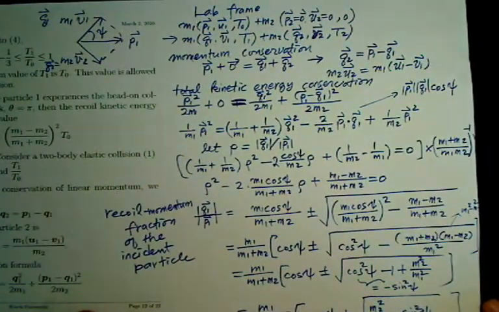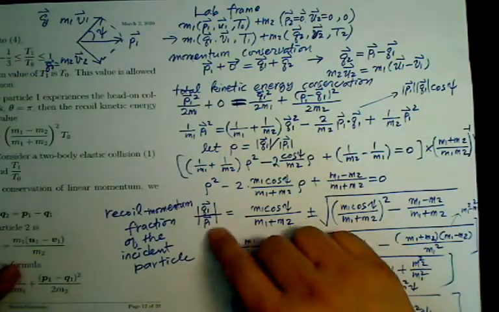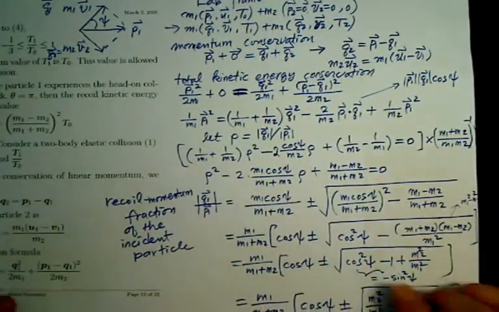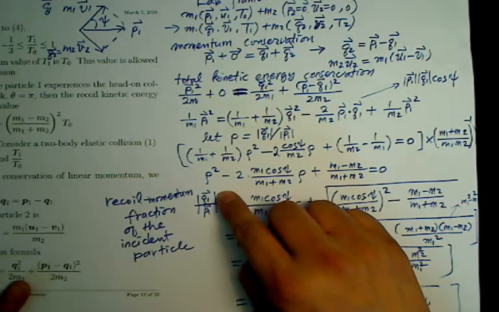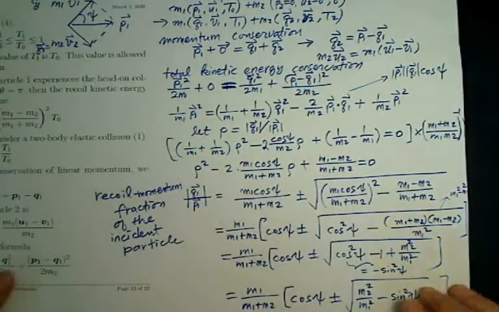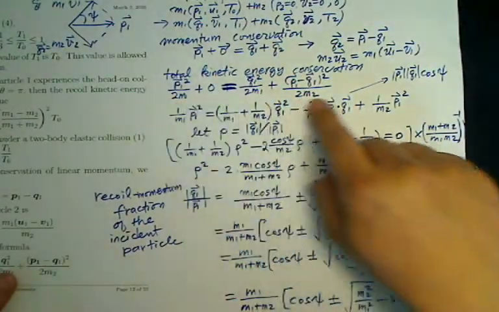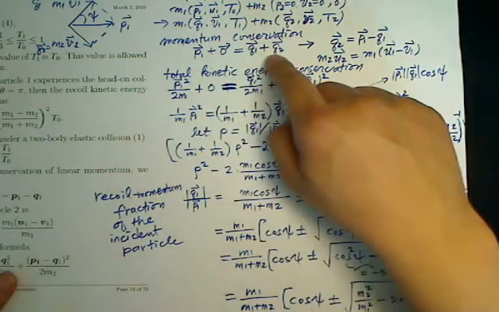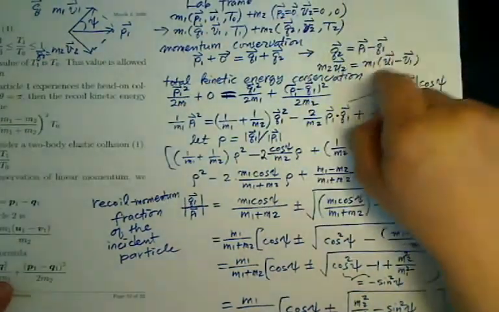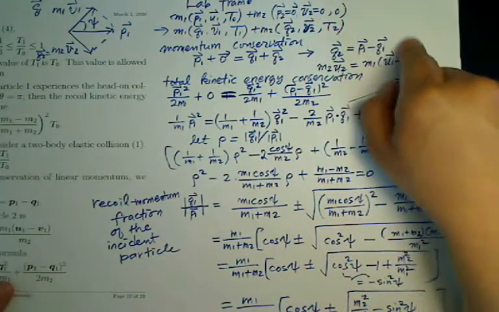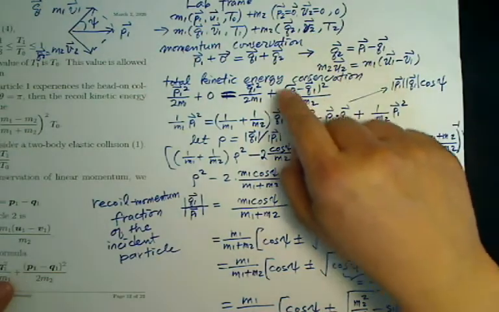The recoil energy fraction can be computed by finding the ratio of the final momentum to the initial momentum of particle 1. And that is coming from the conservation of mechanical energy. And here momentum conservation can be applied to replace this one.